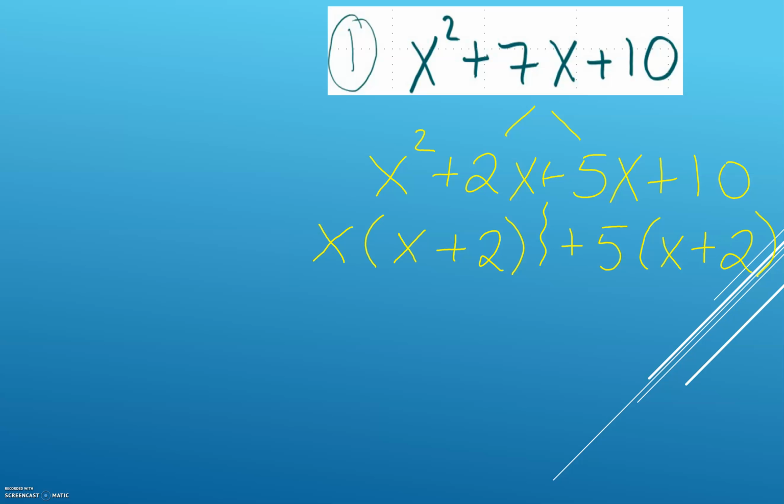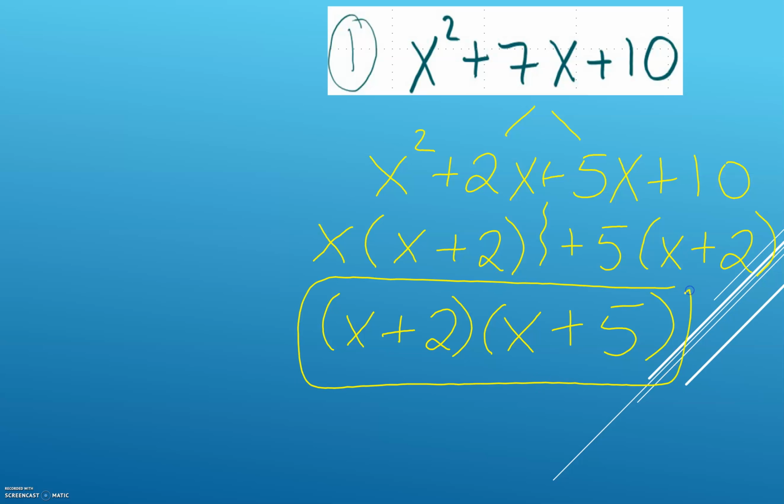If we have chosen correctly, the expressions in parentheses should be exactly the same, which they are in this case. So x plus 2 will be one of our factors, and x plus 5 will be the other factor. So this would be the factored form of x squared plus 7x plus 10, and that would be our final answer.